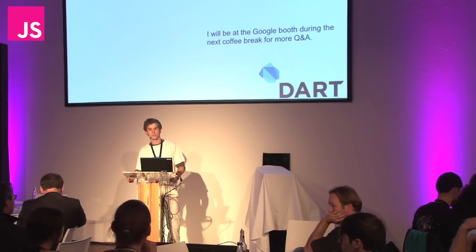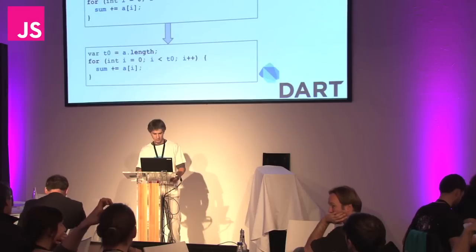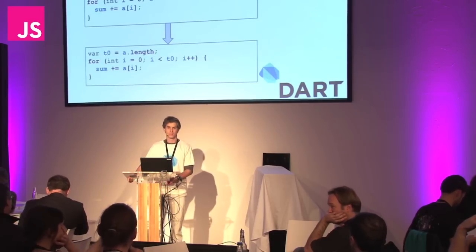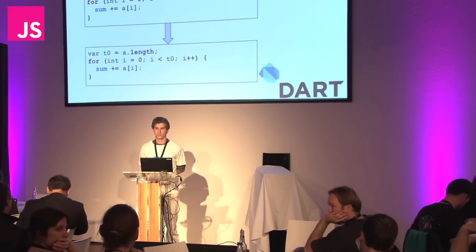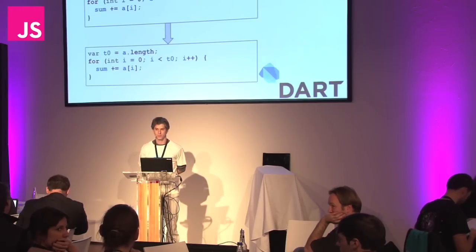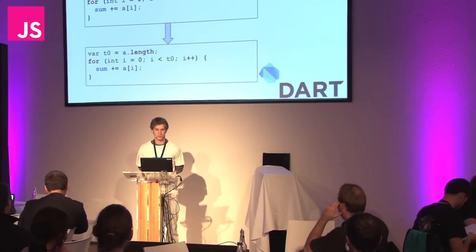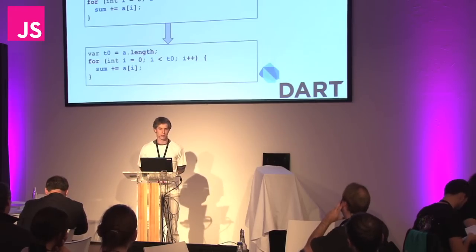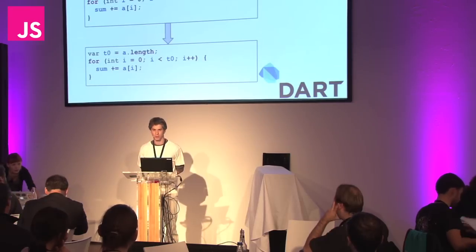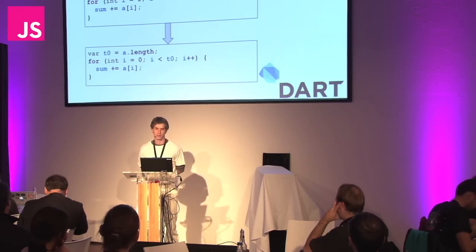The loop invariant code motion: where and how do you have more information than the JIT? Do you have a concrete case where you know more than the JIT and can do better? Off the top of my head, I don't, but I'm pretty sure there are some cases where we compile something into a method call just because it's simpler or because we don't want to inline it, and we still know that this method call doesn't have any side effect.